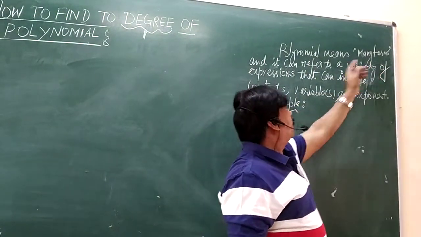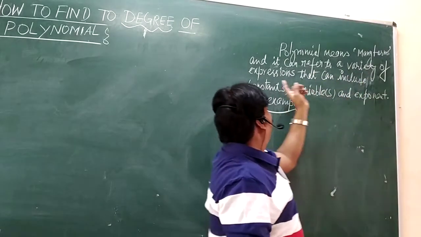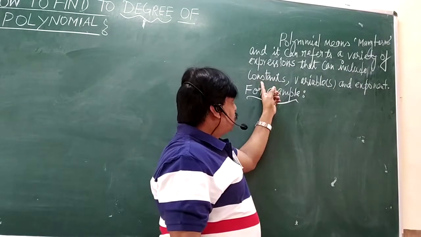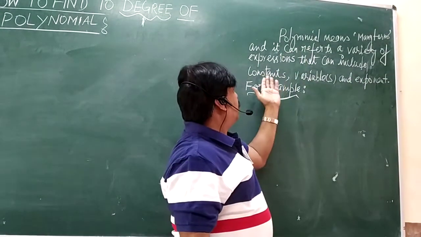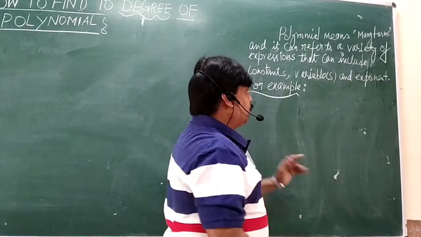Polynomial means many terms, and it can refer to a variety of expressions that can include constants, variables and exponents.